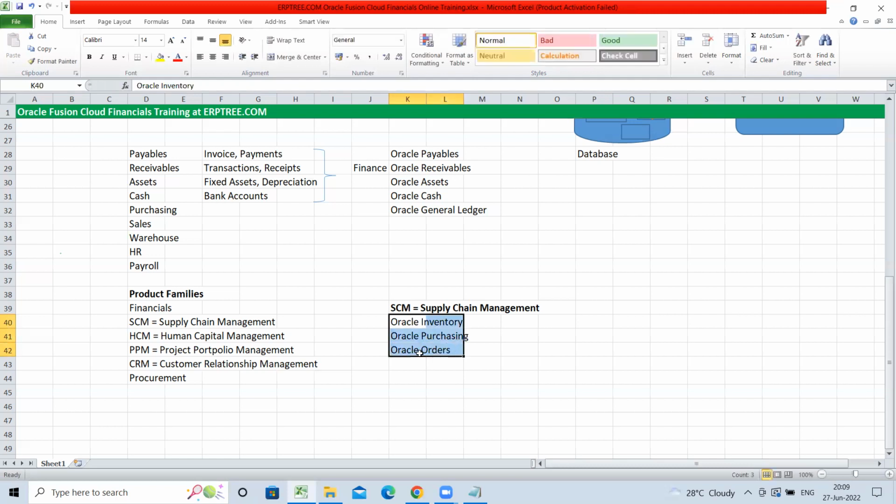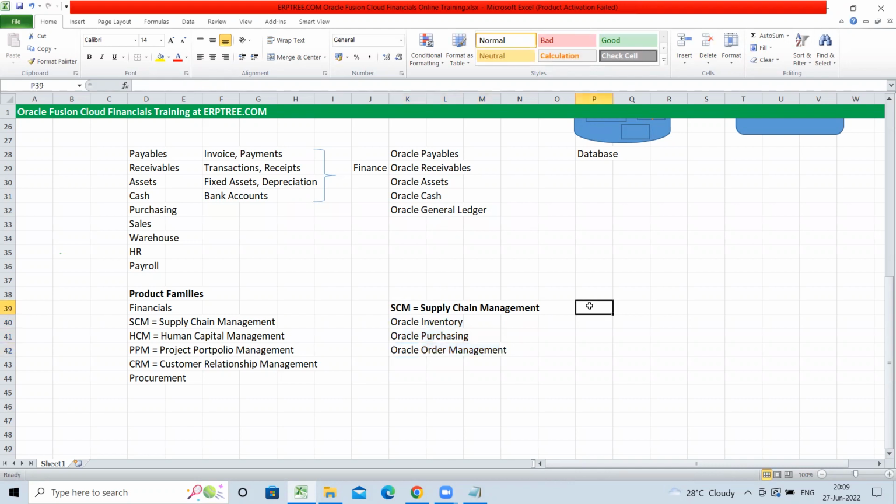These sets of applications we call supply chain management applications.